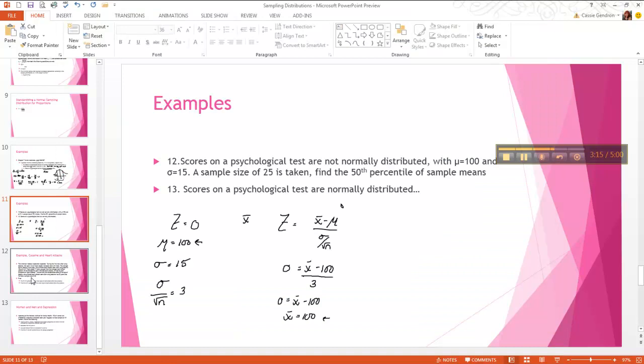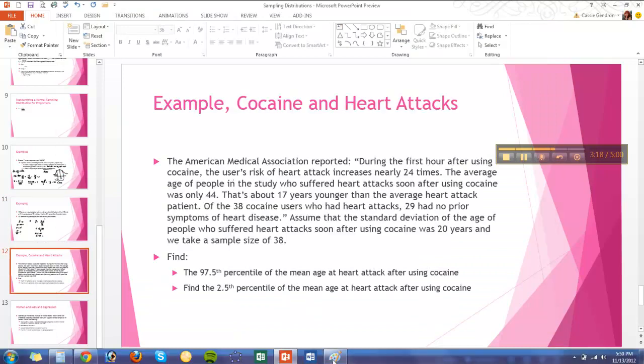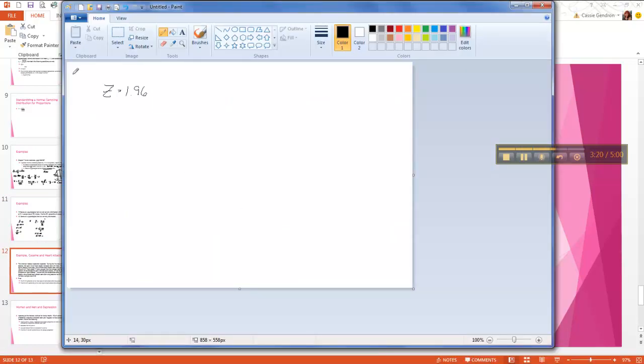This is asking me what's my x. I know z is 1.96, and I did that by reverse looking in the chart, in the meat and potatoes of the chart, and going backwards to get the z-score.